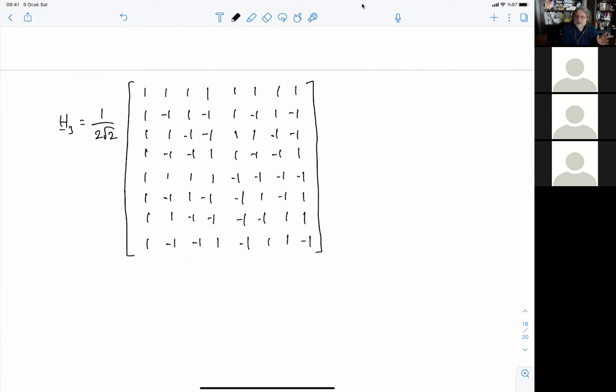But let's take a look at the sequences. Let's calculate them. The first has no sign changes. The other one will have 7 sign changes. And then the third one will have 1, 2, 3 sign changes. The other one will have 1, 2, 3, 4 sign changes. The next one will have only 1 sign change.